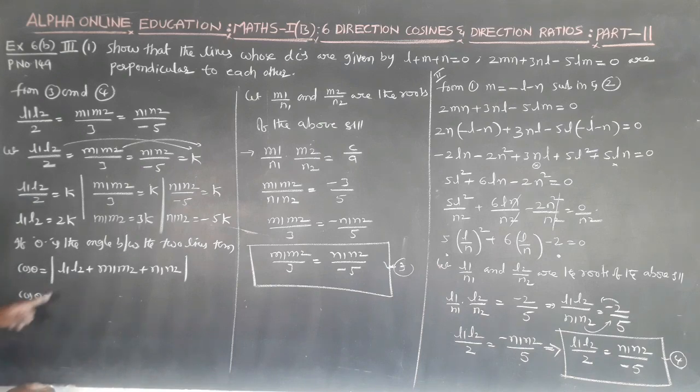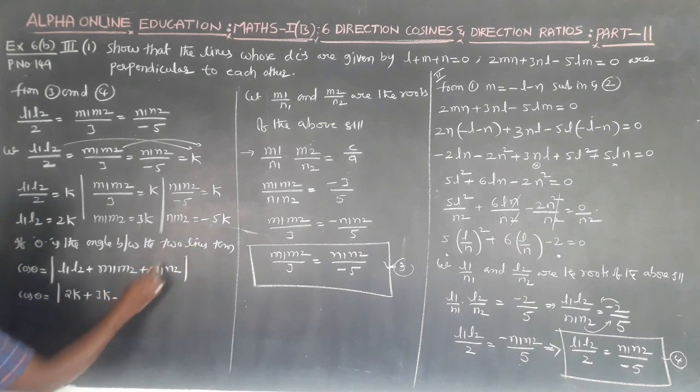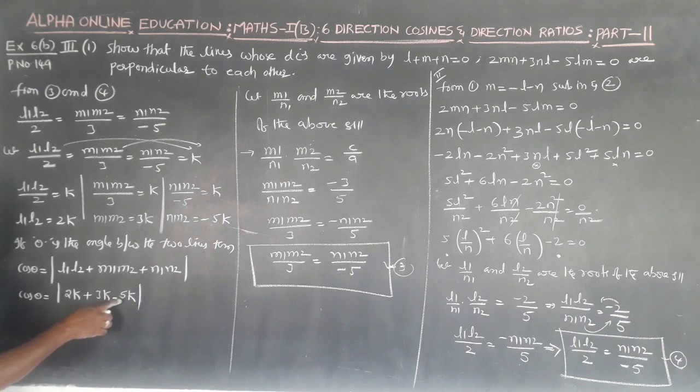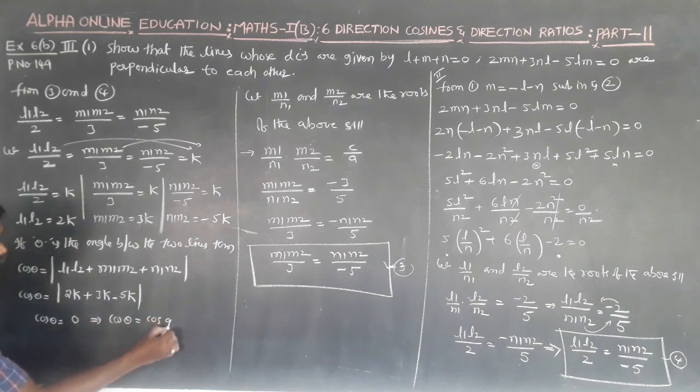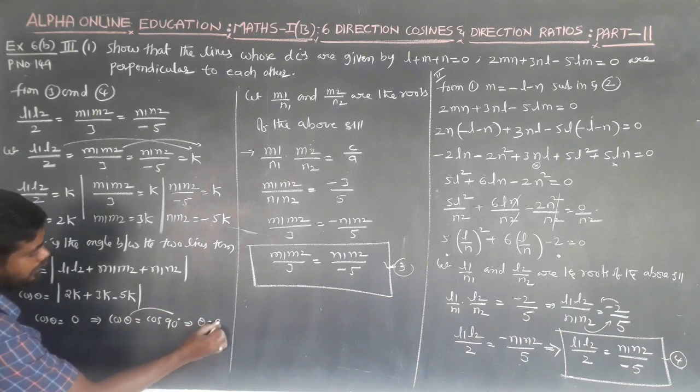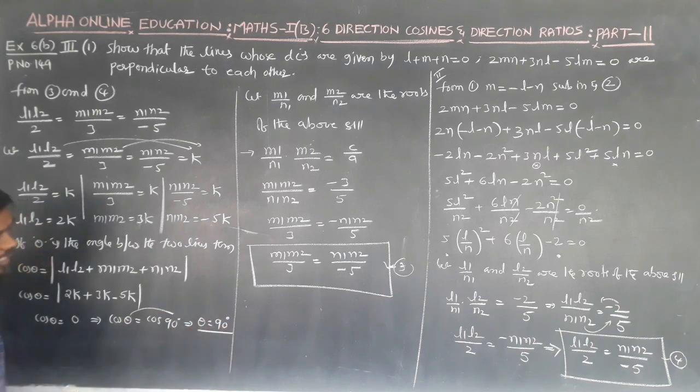Cos theta is equal to l1 l2 (2k) plus m1 m2 (3k) plus n1 n2 (minus 5k). 2k plus 3k is 5k, minus 5k. Cos theta is equal to 0. Cos theta equal to 0 means cos 90 degrees. So here theta is equal to 90 degrees.